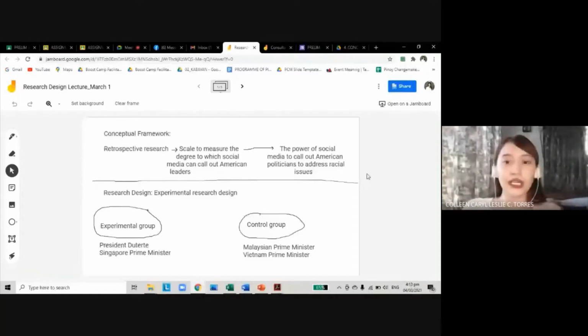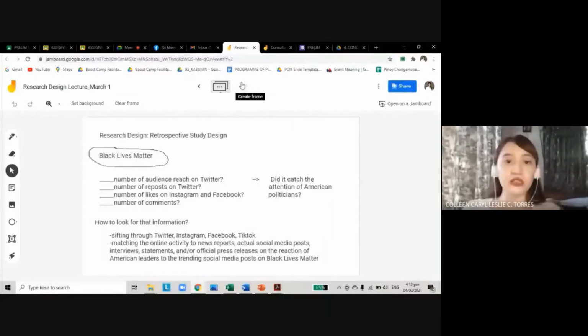Basically, we were trying to look at what would be the best research design in relation to this research problem. So we determined that a retrospective study design would be best to use in determining the extent of how social media hashtags or posts can spur politicians to take action on certain issues.